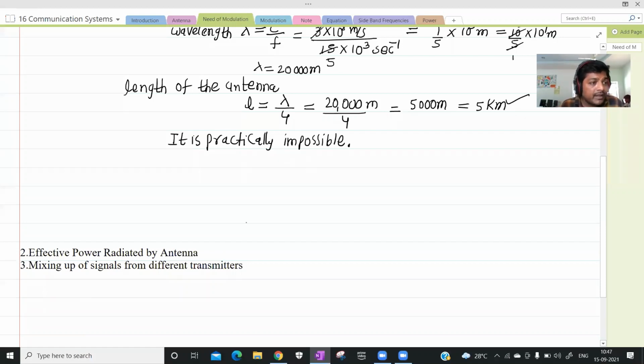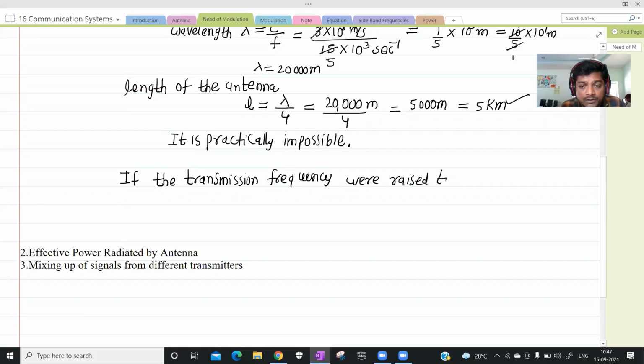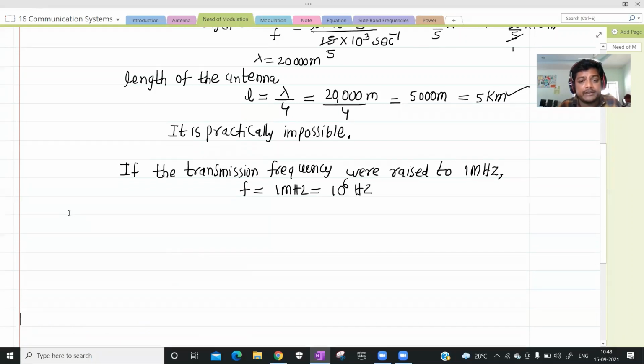For example, if the transmission frequency were raised to 1 megahertz, that is 10 power 6 hertz.